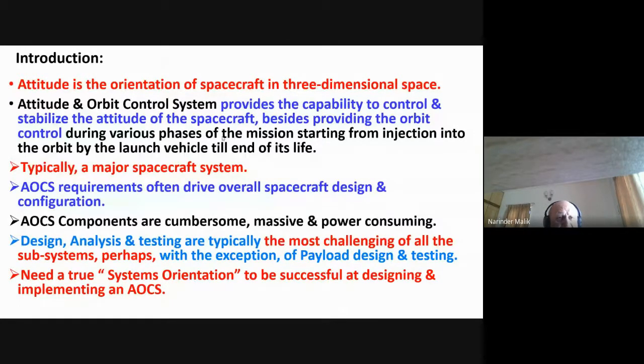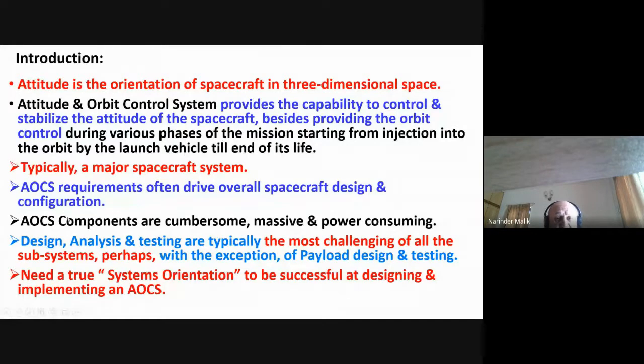AOCS system or ADCS system is typically a major spacecraft system because it consists of the onboard computer system, actuators, thrusters, sensors. It also has an impact on the spacecraft design and configuration.